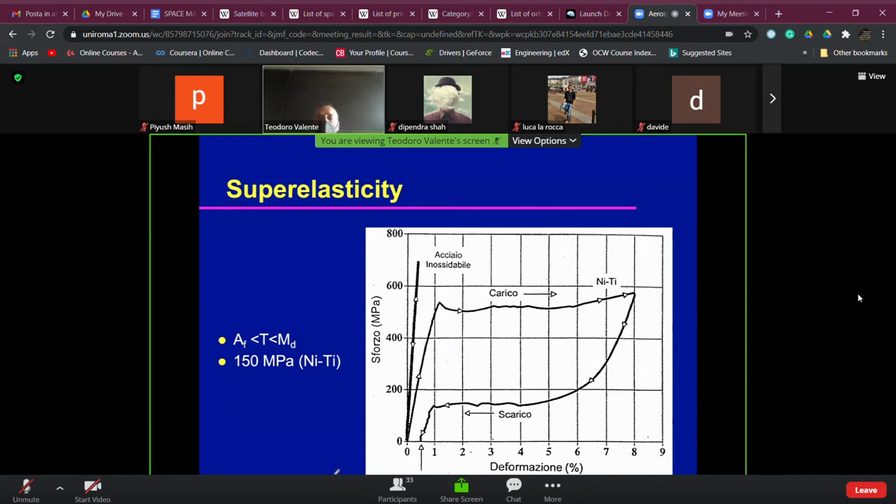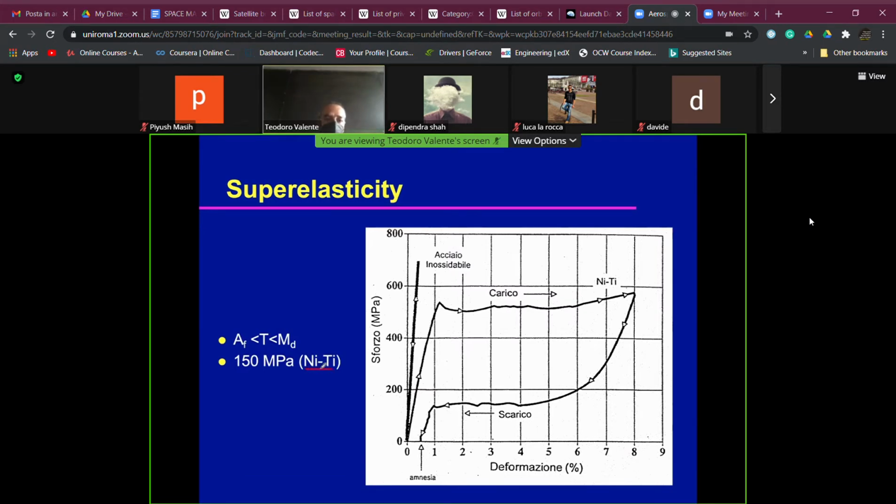Have a look at this one. This one is a realistic diagram for Nitinol, nickel titanium, the shape memory alloy which is interesting for us, in the case of superelasticity.